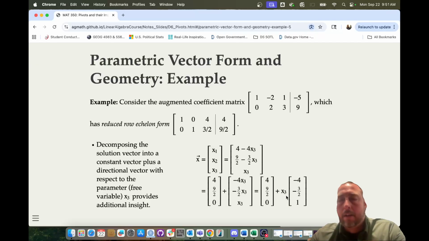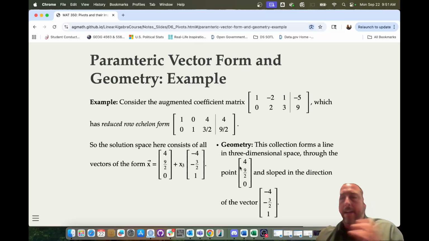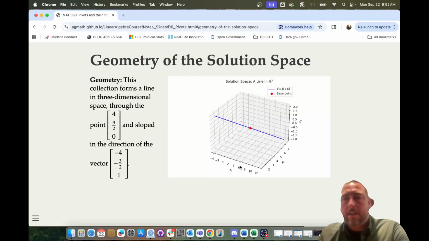And so if I start at a point, and I have some direction or some slope, you might have called it in 2 dimensions, times a scalar, that's a line. So the solution space here consists of all vectors of this form going through this point and moving in this direction from that point. It is a line, and there it is.